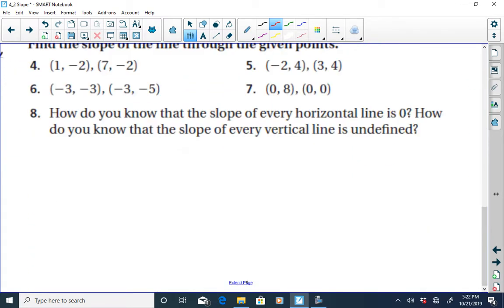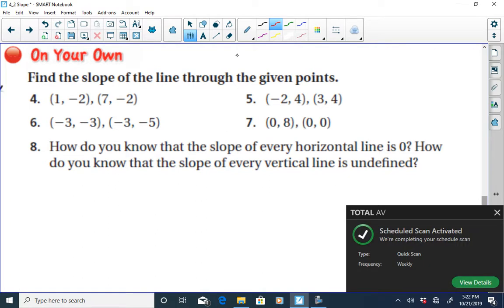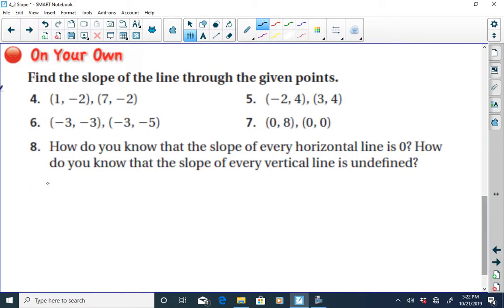Okay, well, let's take a look at these examples, right? We're going to use our slope formula for 4, 5, 6, and 7. So let's start with problem 4. We write our formula. m equals y2 minus y1 over x2 minus x1.